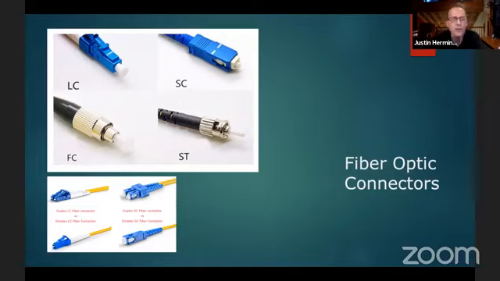Likewise, if you look down at the bottom, the LCs and the SCs are available in duplexes where you have sort of a twinned cable that you can make two connections at once. One of the things you have to be aware of in fiber is generally you're going to have one side that transmits and receives on the other end and one going back.